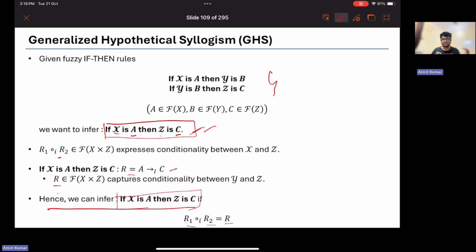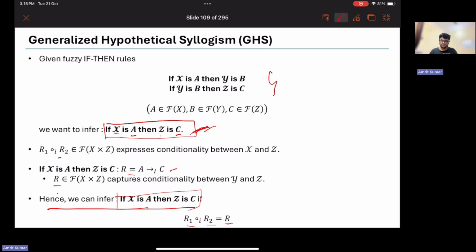Their composition expresses a conditionality between variable X and variable Z. And R is the conditionality between variable X and variable Z as computed by this rule, if X is A then Z is C. So if these two relations happen to be equal, then we say that generalized hypothetical syllogism holds.